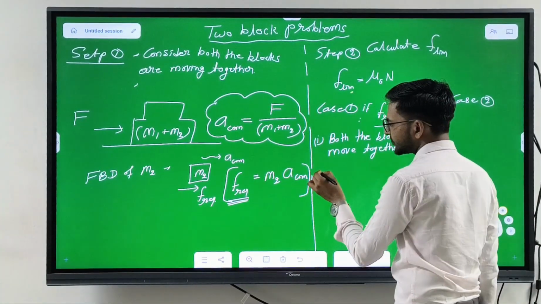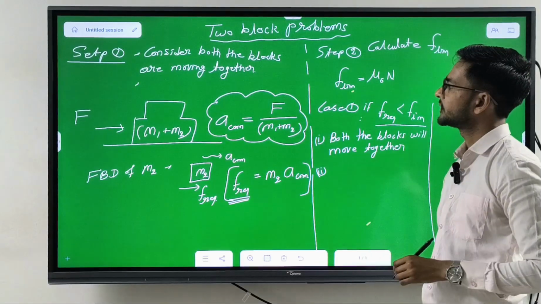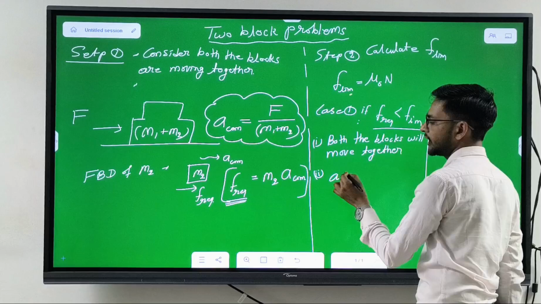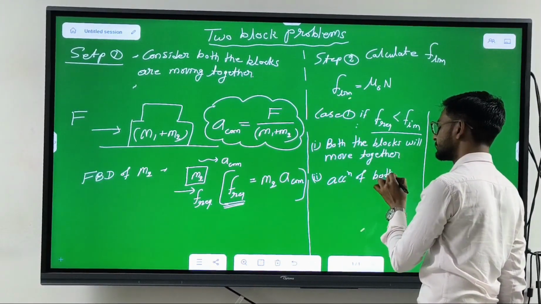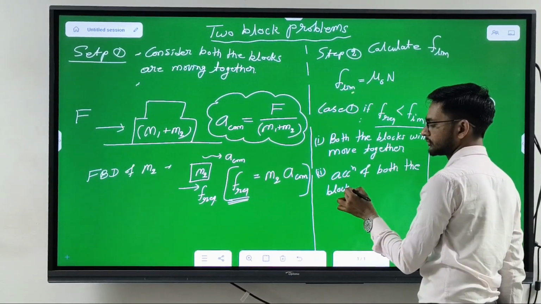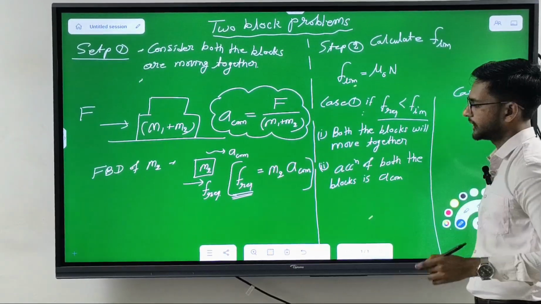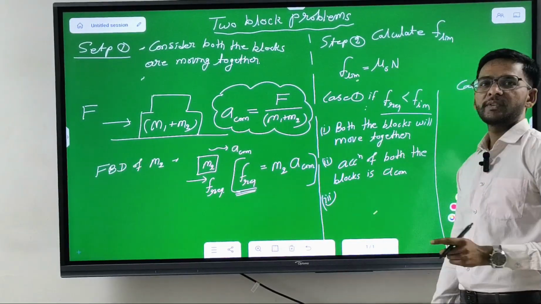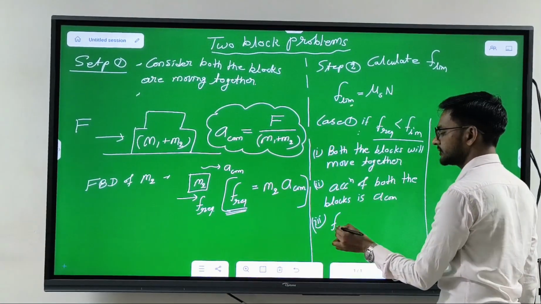The second conclusion is that the acceleration of both the blocks is the combined acceleration. Third, the friction acting between the surfaces is F required.